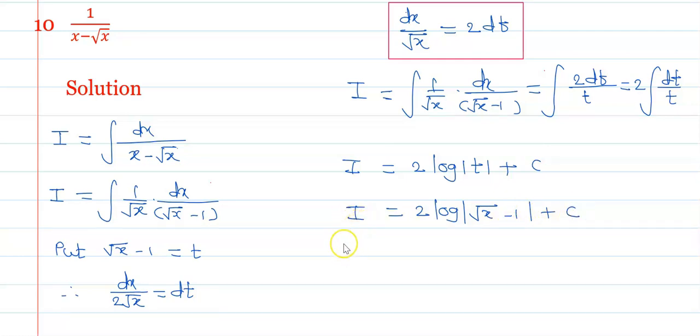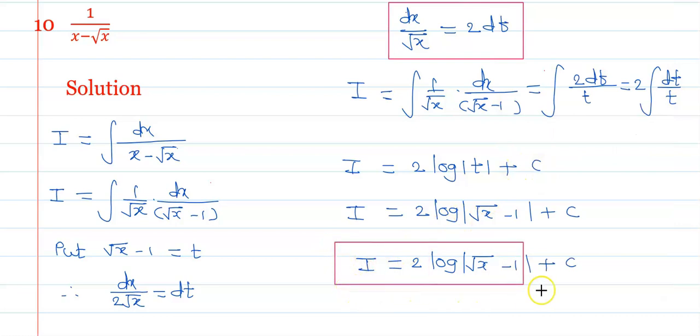This is I. Therefore I is equal to 2 log of mod of root x minus 1 plus c.